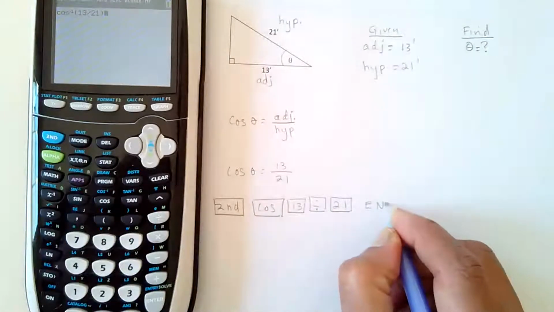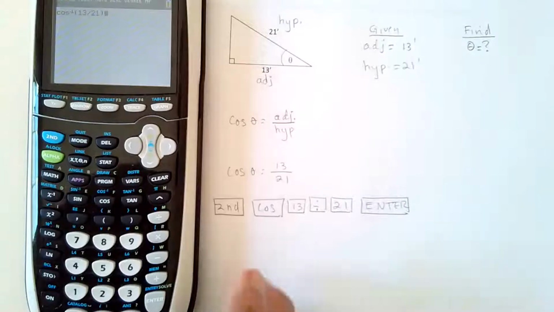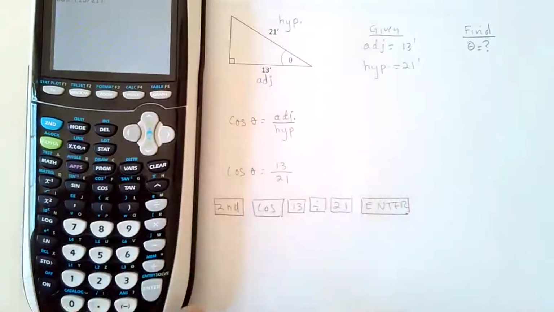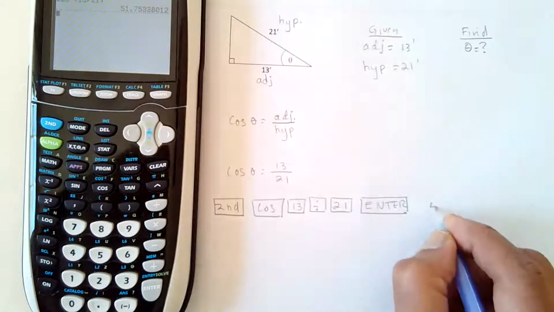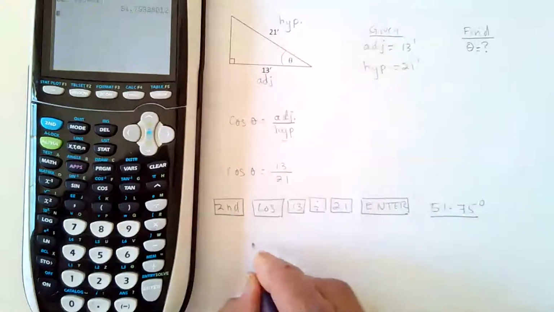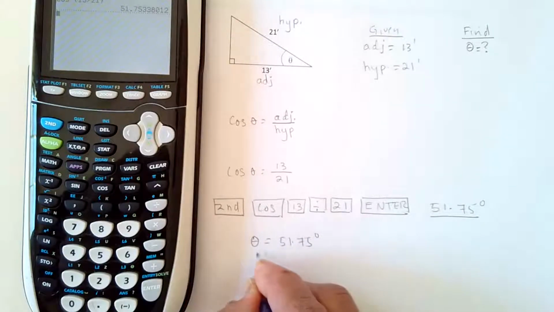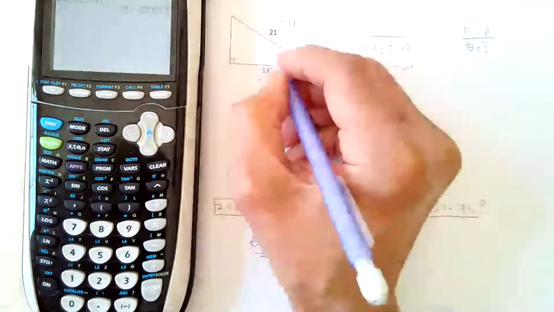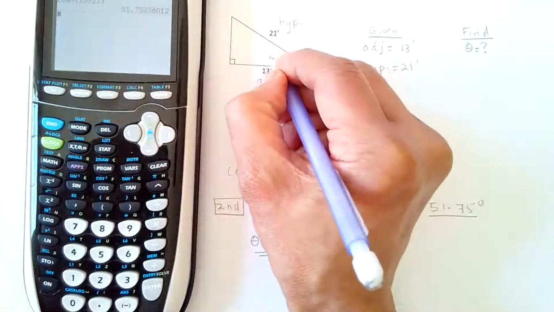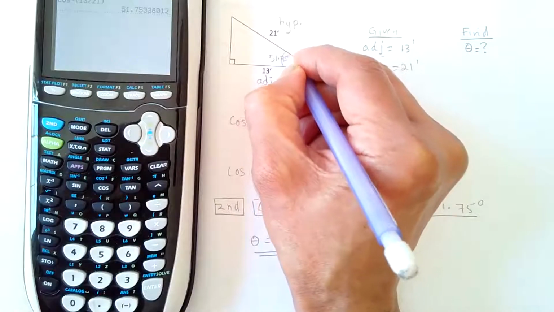In my case, I'll press enter, but you, at this point, will press your equal button. So that gives me 51.75 degrees. So theta is 51.75 degrees. So I can write it here.